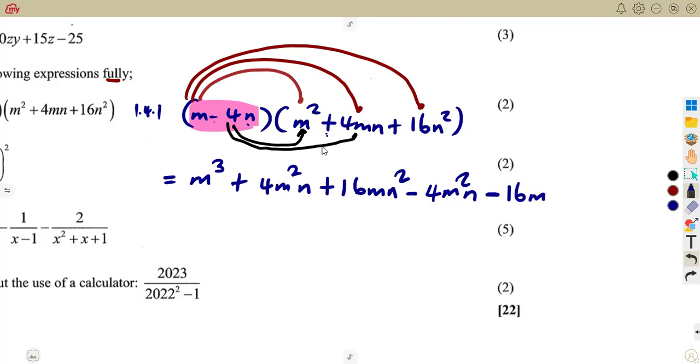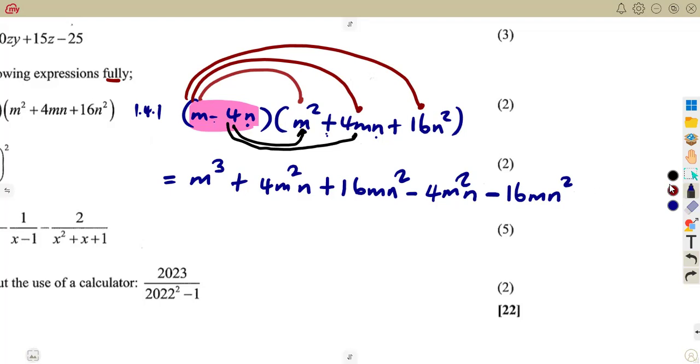We're going to have m, n and n, that's n squared. So make sure you start with the sign, then move on to the numbers, then the variables. The minus and a plus is a minus. The numbers, 4 times 4, 16. Then m is the only m there. Then n and n is going to be n squared, okay?